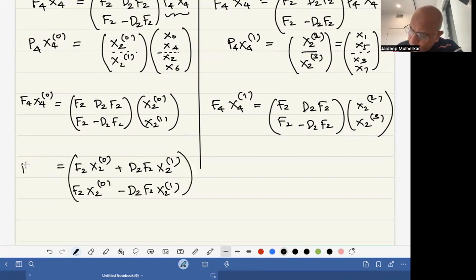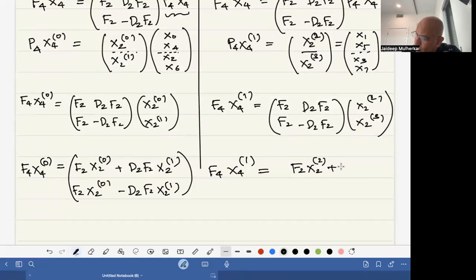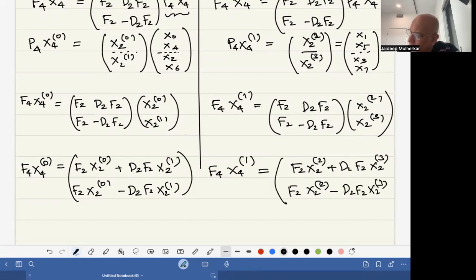And F4 x4 of 1 will be equal to F2 x2 of 2 plus D2 F2 of x2 of 3, and F2 x2 of 2 minus D2 F2 of x2 of 3. All right.